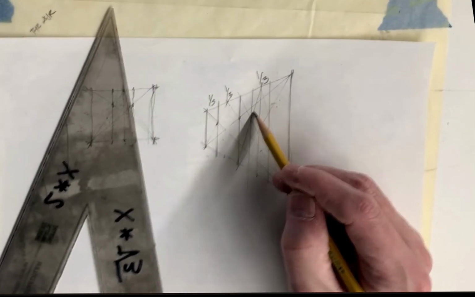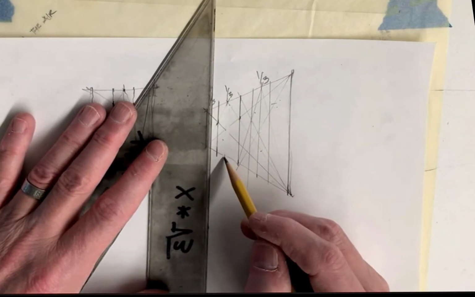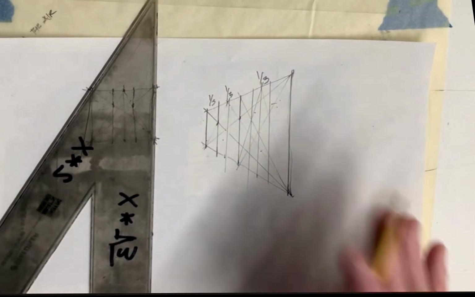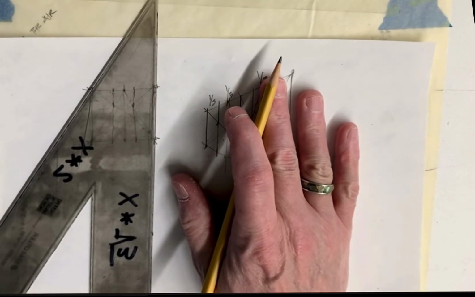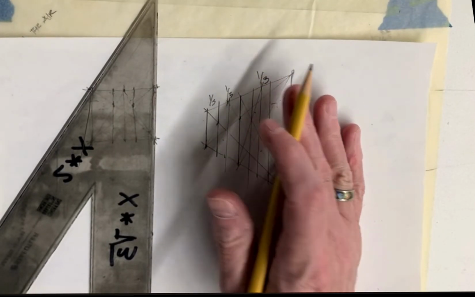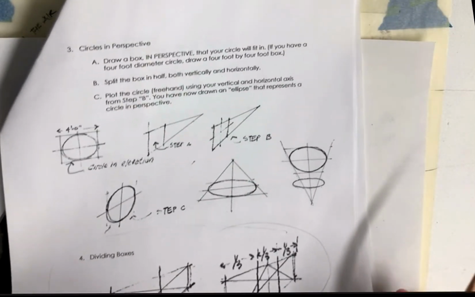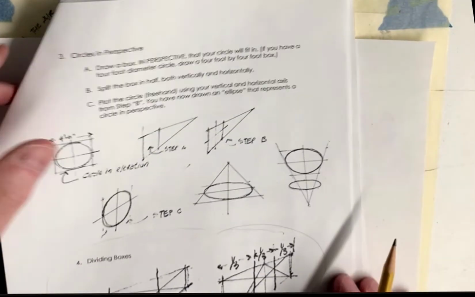All right, so there's a ninth. There was a sixth. So you can divide it and figure it out. Those I use all the time. So dividing boxes I use forever. Constantly. When I'm doing my sketching, I'll do those just to find out where something falls.